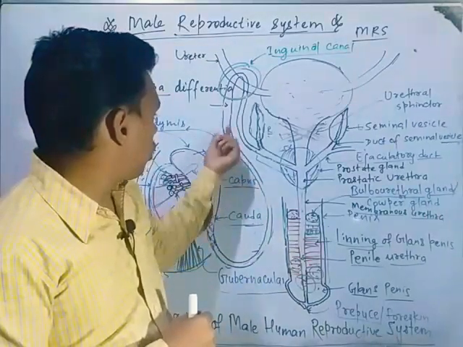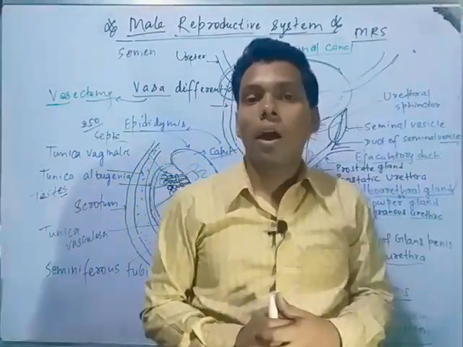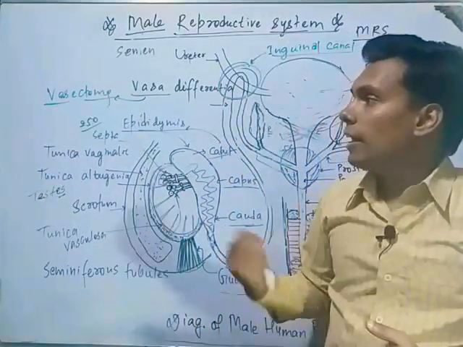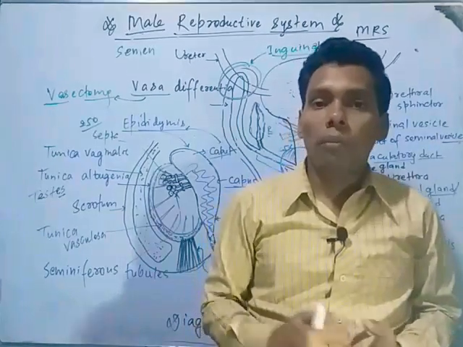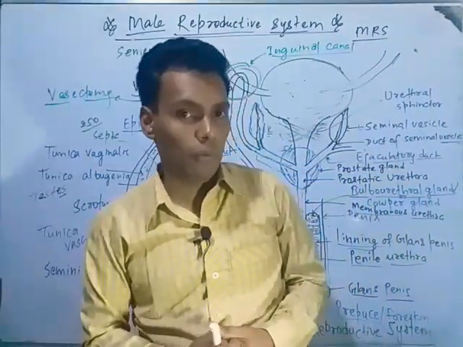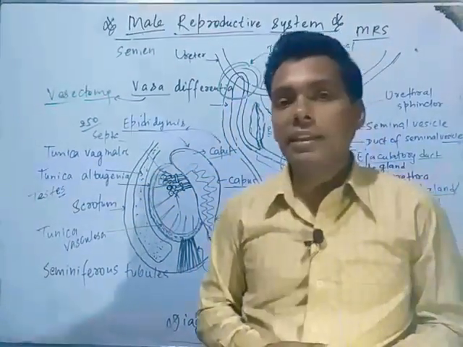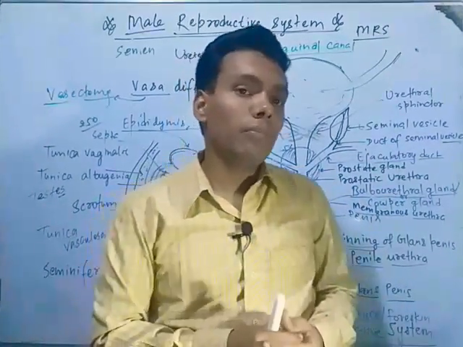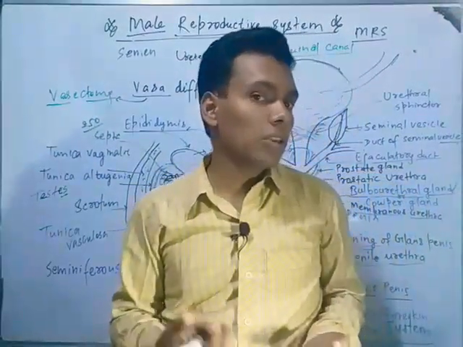Another example is the associated glands, which secrete fluid that nourishes sperms and mixes with them to form semen.